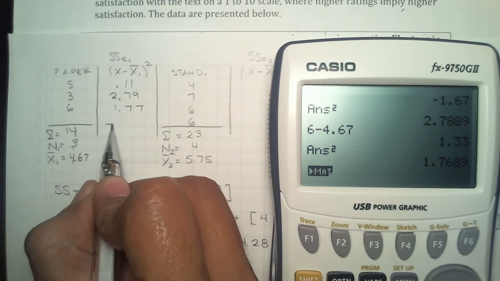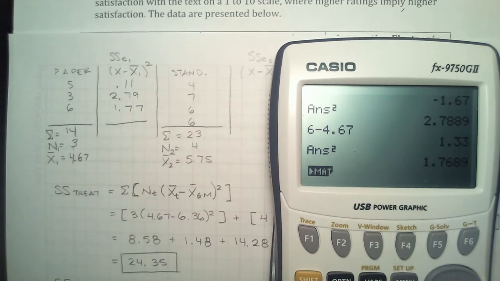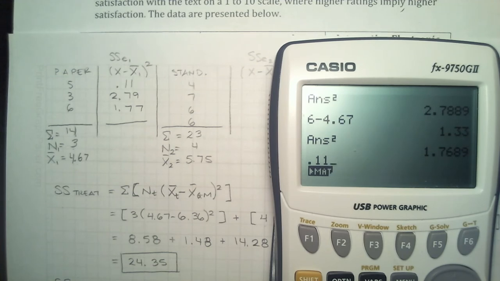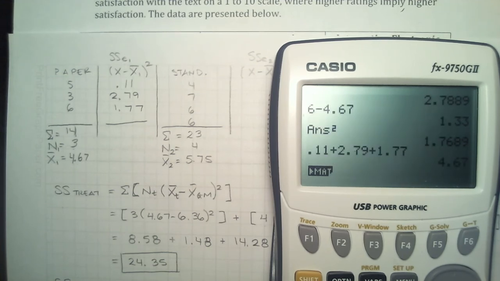Okay, so I got that. So now I add them up. 0.11 plus 2.79 plus 1.77, 4.67. So I have my first value here, 4.67.